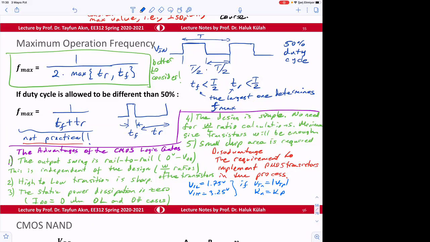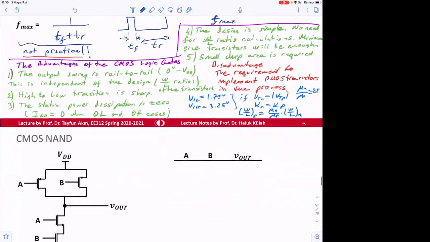How do we make Kn equal to Kp? Kn is equal to Kp if W/L ratio of P transistor is equal to mu N divided by mu P times W/L of N transistor. So typically mu N divided by mu P is about 2.5. So that's kind of the summary.